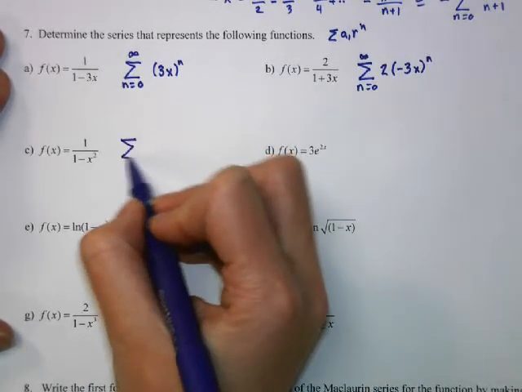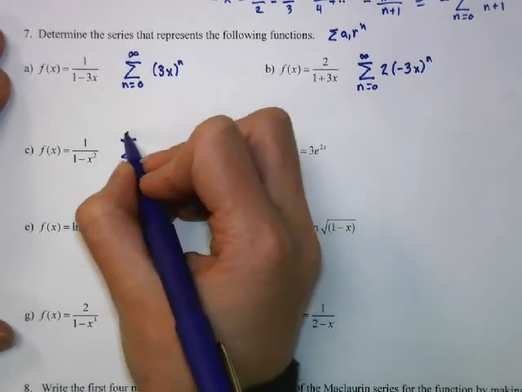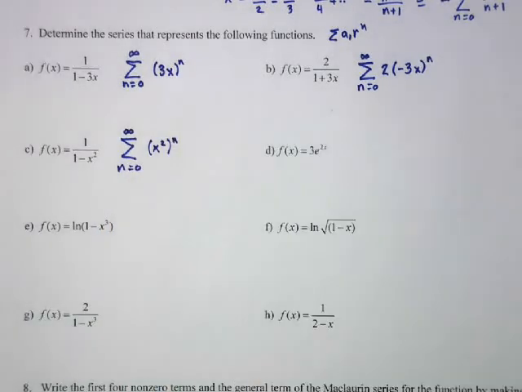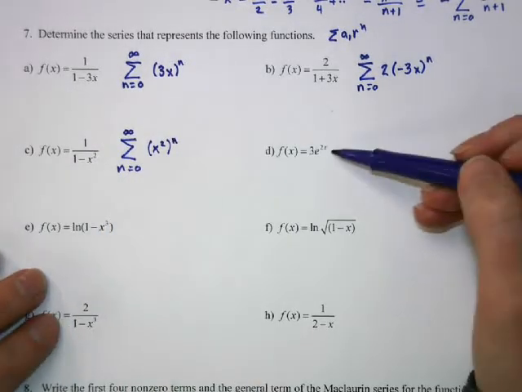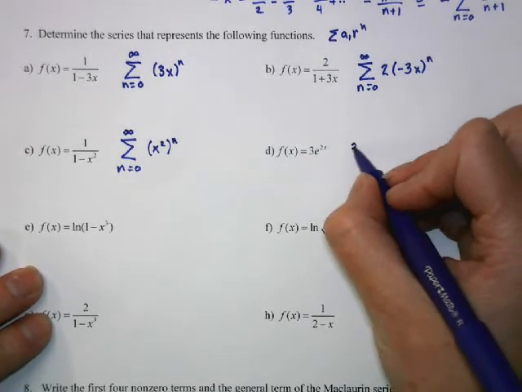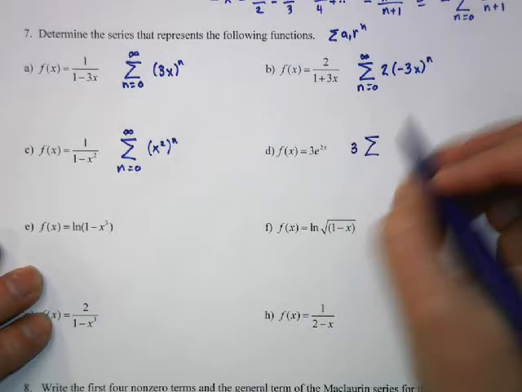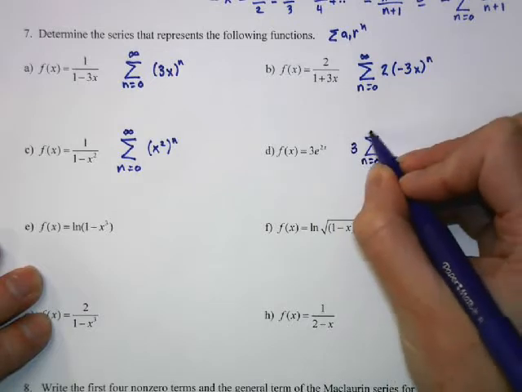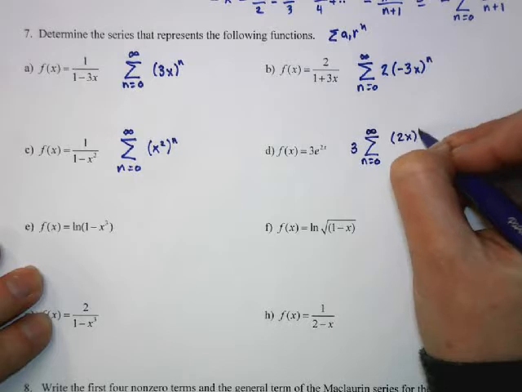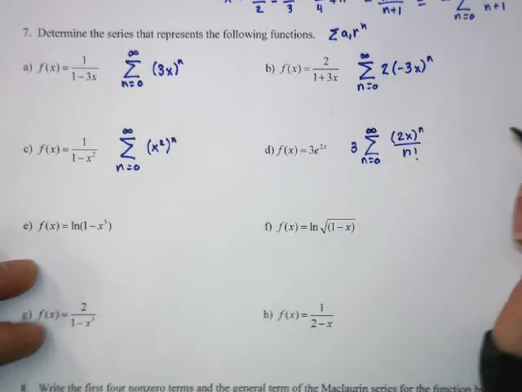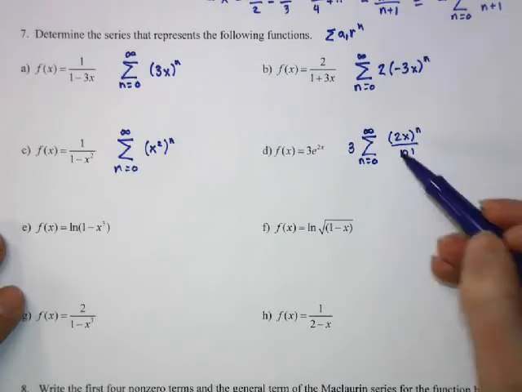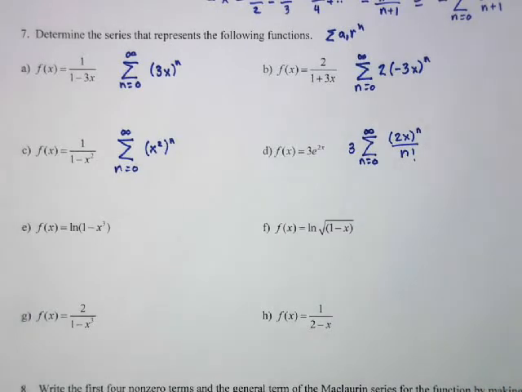This one is going to be x squared to the n. Okay, this is going to be e to the 2x. So I'm going to put 3, and you can put that on the inside or the outside. Okay, so e to the x is x to the n over n factorial, so e to the 2x is 2x to the n over n factorial.